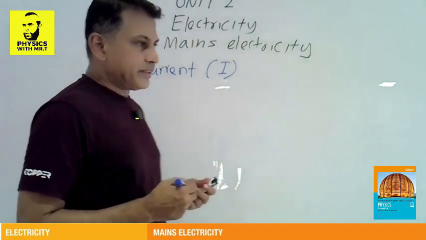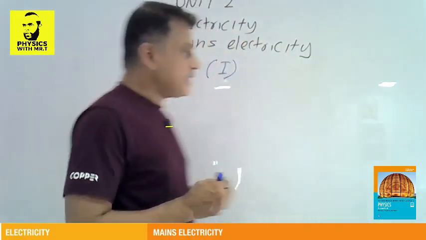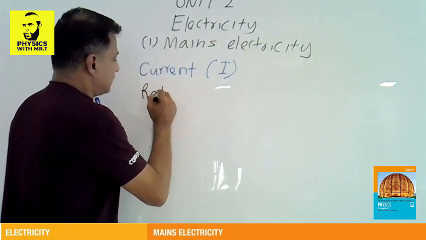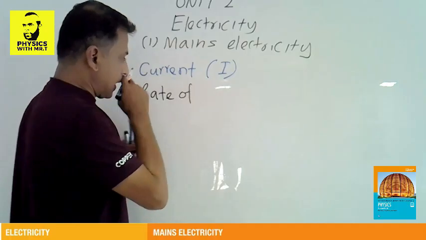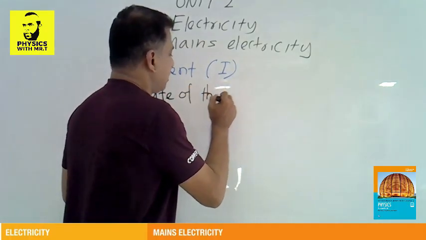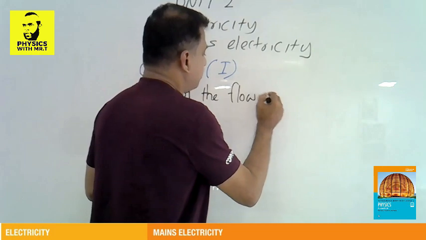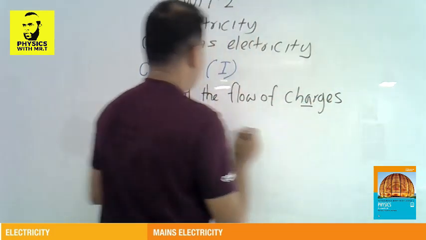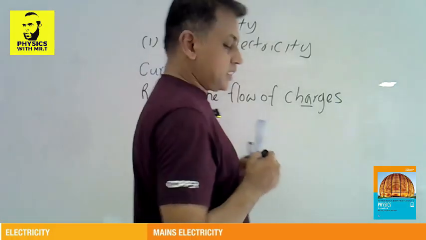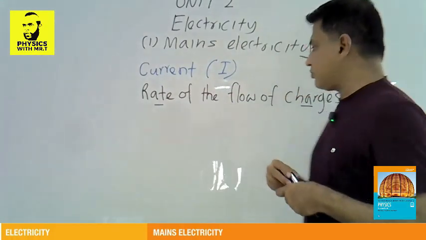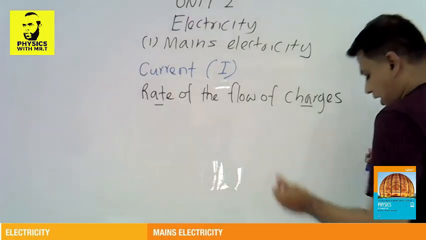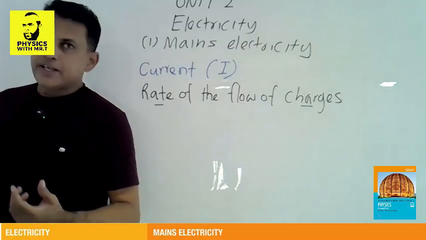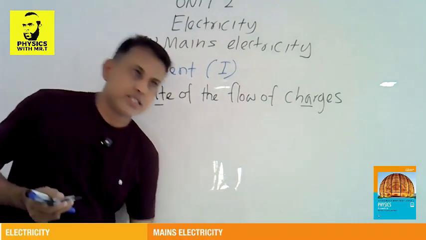Now the current is the rate of the flow of charges. So the definition is: the rate of the flow of charges. What are charges?